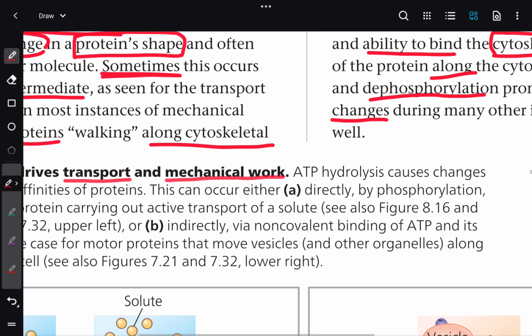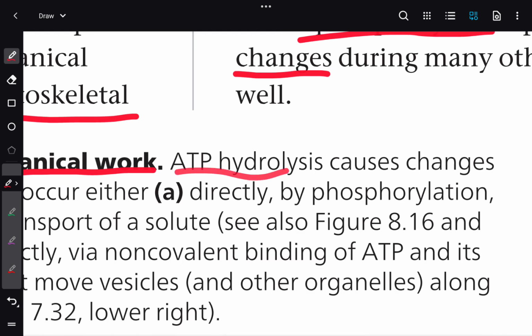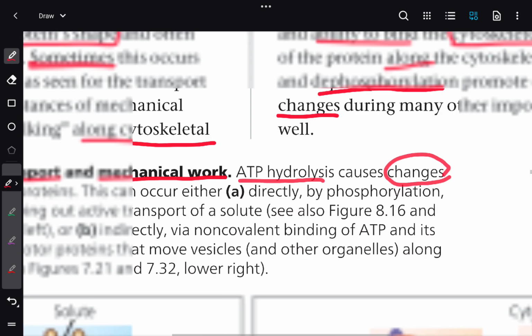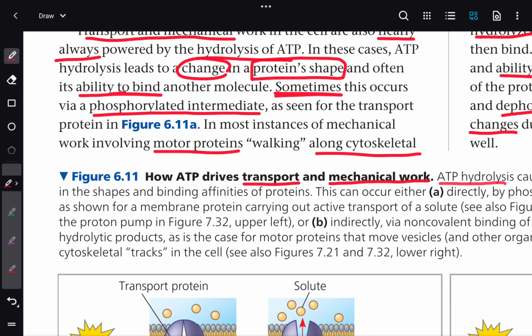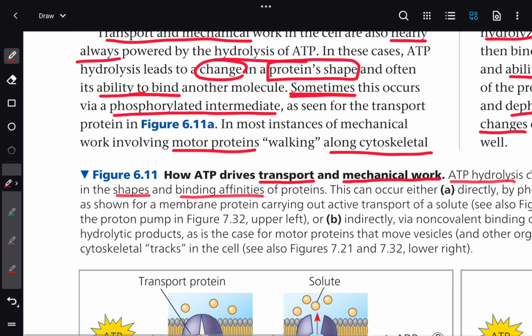Now, the crucial aspect of the idea here is that ATP hydrolysis causes changes in the proteins, in the shapes and binding affinities of proteins.